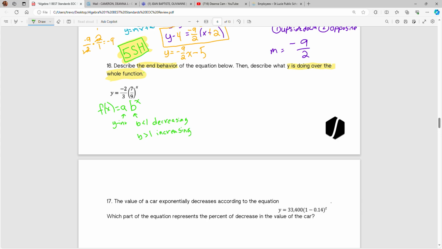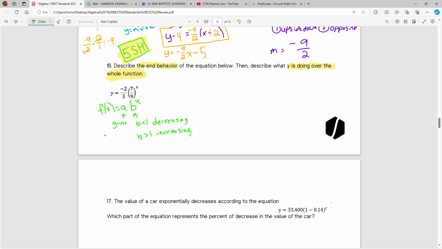And that's all that it tells you actually on the reference sheet, f of x equals a b to the power of x. You've got to memorize that a is the y-intercept and b is telling you what the function is doing.